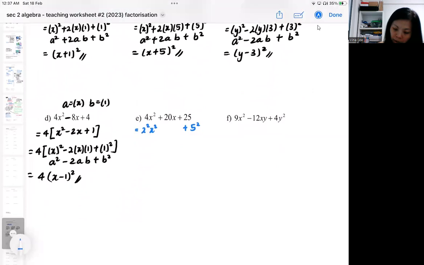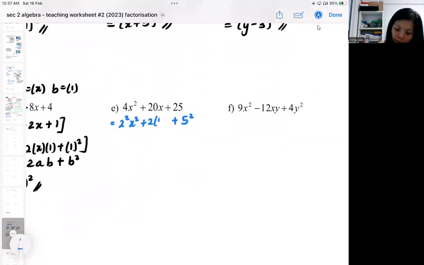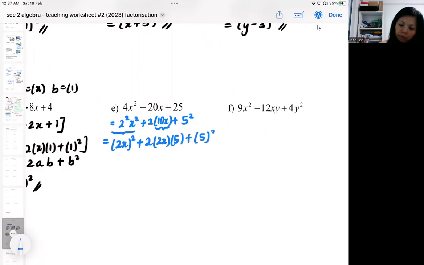So you can put a 2, and it becomes 10x. So 20 is 2 times 10, 10x. Then here, it will become 2x. Then I'm going to reduce the 10x again: 10x becomes 2x times 5. So you observe carefully, you get your a squared plus 2ab plus b squared. So a is equal to 2x, b is equal to 5, and you get 2x plus 5 squared.